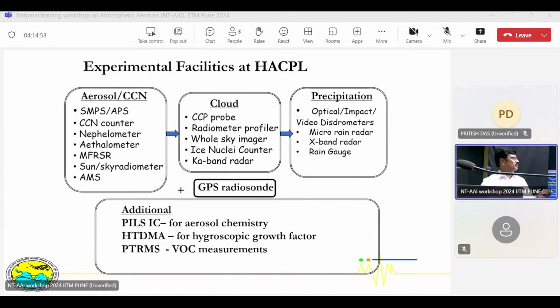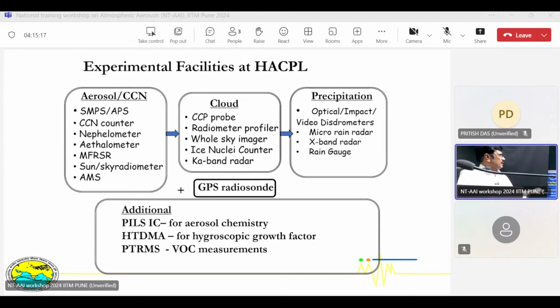Then coming to cloud, we have the cloud probe and the ice nuclei counter. I think I will mainly cover these two today. We have also deployed radars. At present, you will not be able to see the radar here, but if you walk around the campus, you can see one of the precipitation radars.